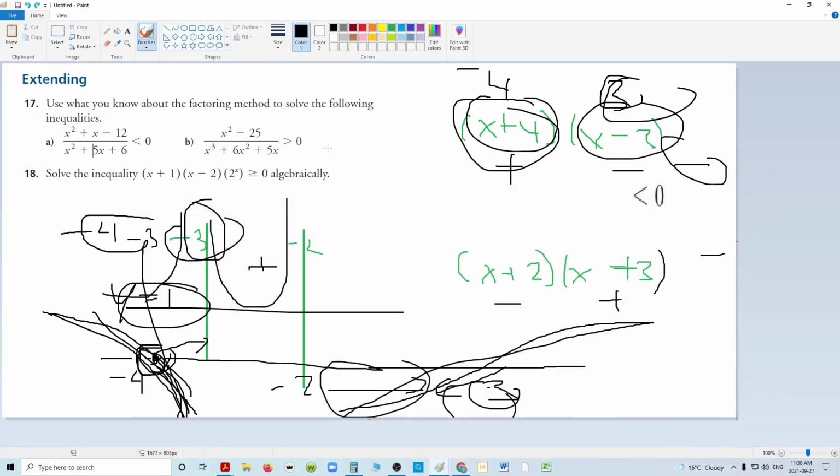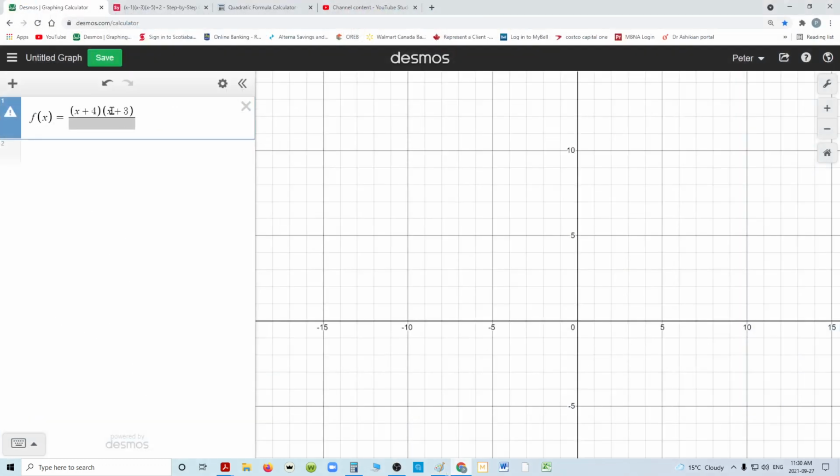Ah, made a small error. So, that x minus 4 here. So it's supposed to be x plus 4. Oh no, I figured it out right. I just did the x-intercepts up there. So it's x plus 4, x minus 3. And the other ones, factors, were x plus 2, x plus 3.